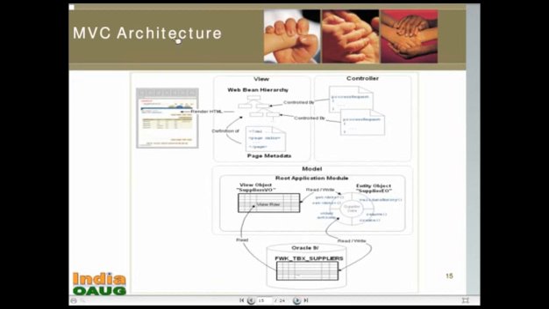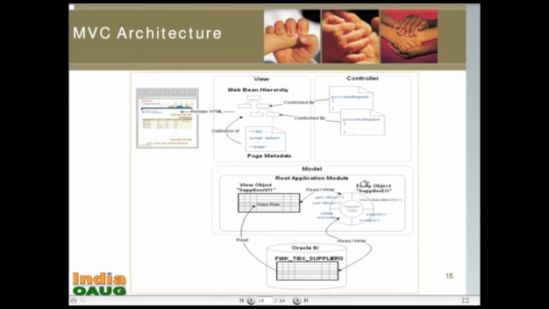Now the MVC architecture: this is our model, this is the controller, and this is your view. In the controller, we just discussed two methods, process request and process form request. In the model we have three things. One is the view object, nothing but a select statement.